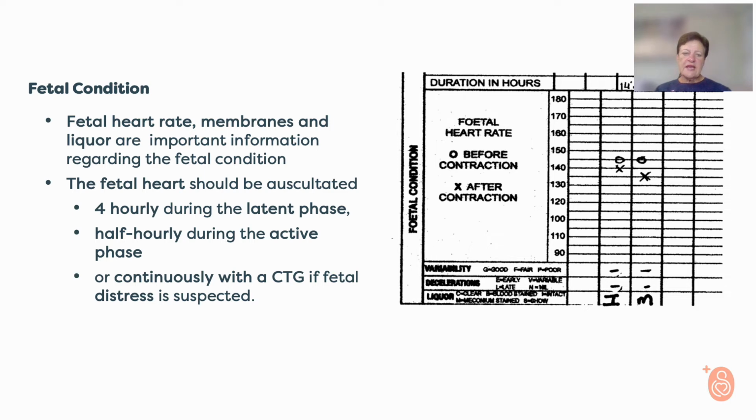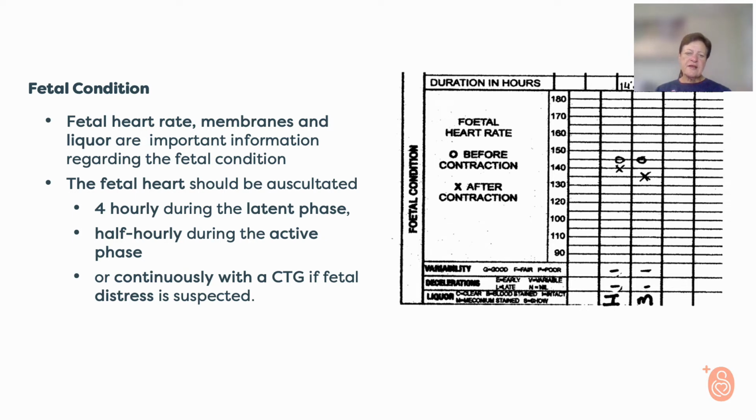So when the mother is in the latent phase, we should auscultate or do fetal heart rate assessments 4 hourly, and when the mother is in the active phase of labor, this should be done half hourly. These time spans are according to the maternity guidelines developed by the Department of Health, but they are also more or less the same intervals used in most private hospitals and their guidelines.